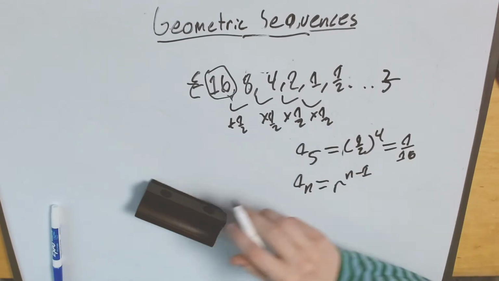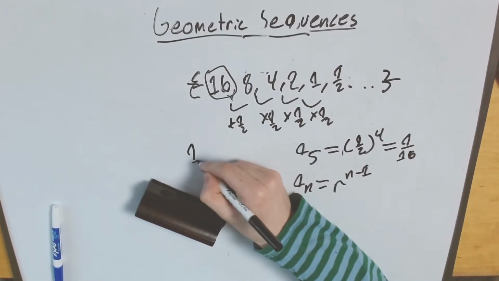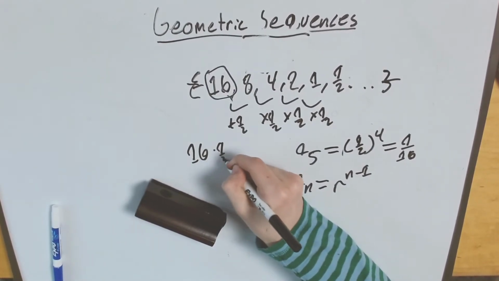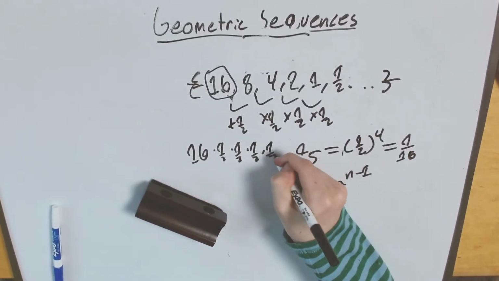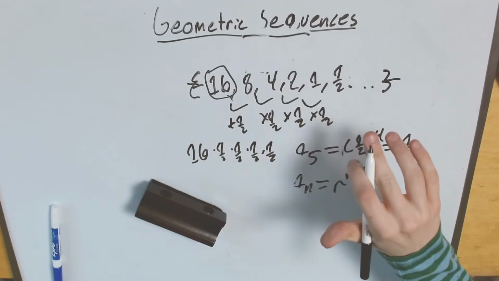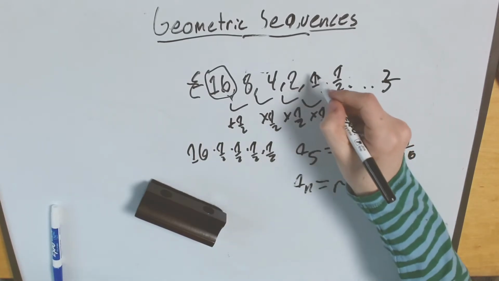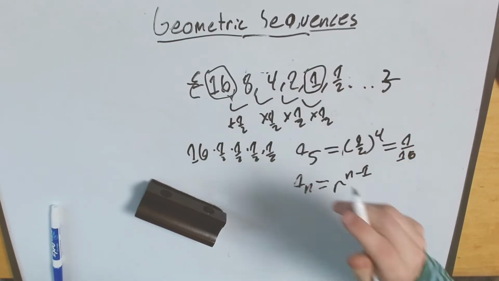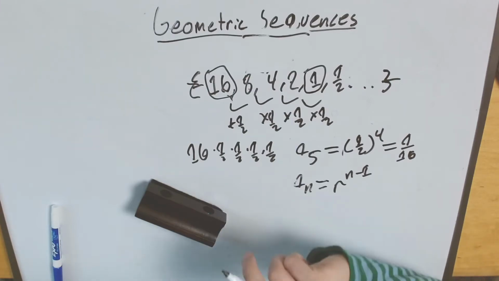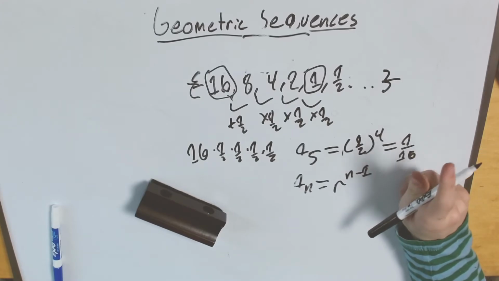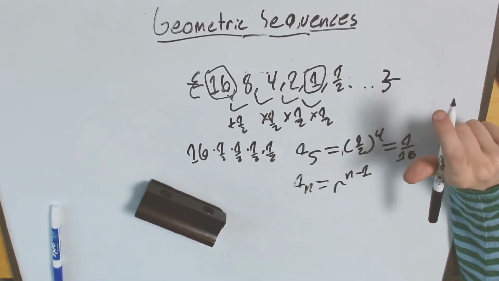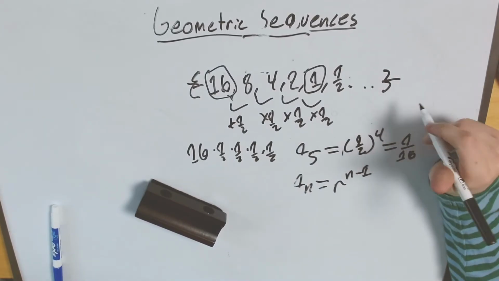We get 1 because we're doing 16 times 1/2 times 1/2 times 1/2 times 1/2. If we were to write all out what we were doing, if we were to combine all this, we would get 1. If we say, hey, 16 is the first term, that first term property that I saw in arithmetic sequences must also hold true.